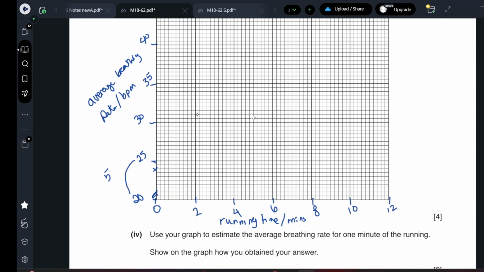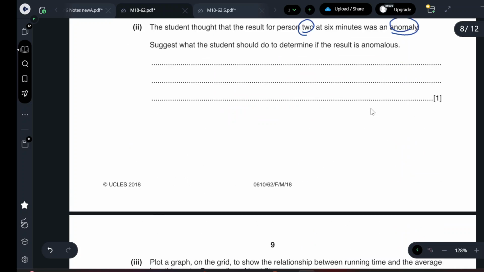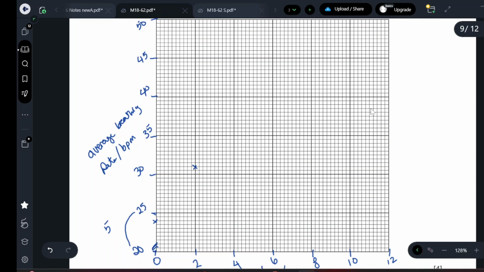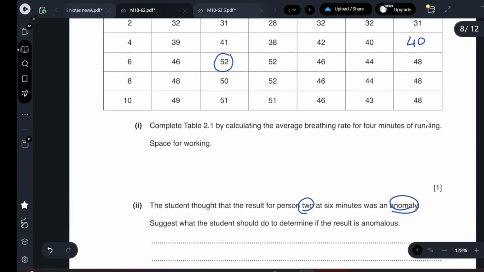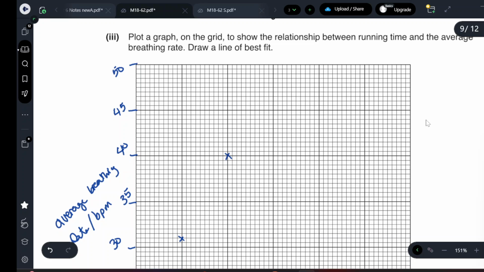This is 30, 30.5, 31. 4, it was 40. And then 48. Where is the 48? This is the 45.5, 46.5, 47.5, 48.